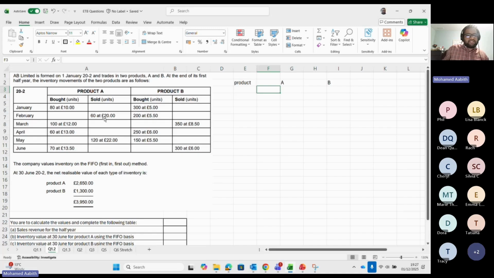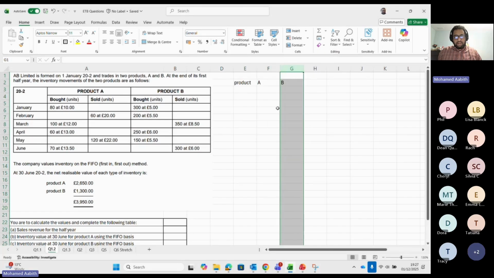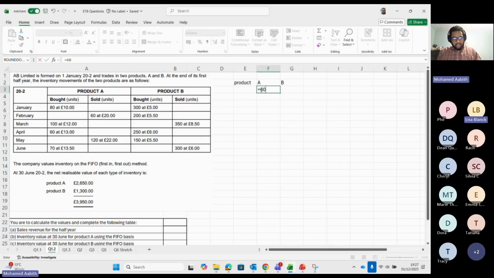We sold 60 at £20. That's going to be 1,200 there. And then what else did we sell here? 120 at £22. So those are the selling prices.